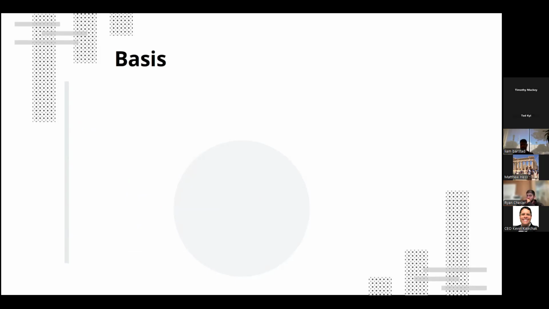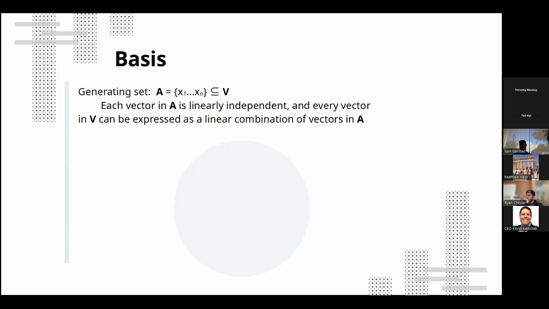Basis vectors are what's called a generating set, and they have to be linearly independent from each other. Every vector in a vector space can be expressed as a linear combination of vectors in this generating set, which defines the vector space that you're working with. This also leads to coordinates as well.